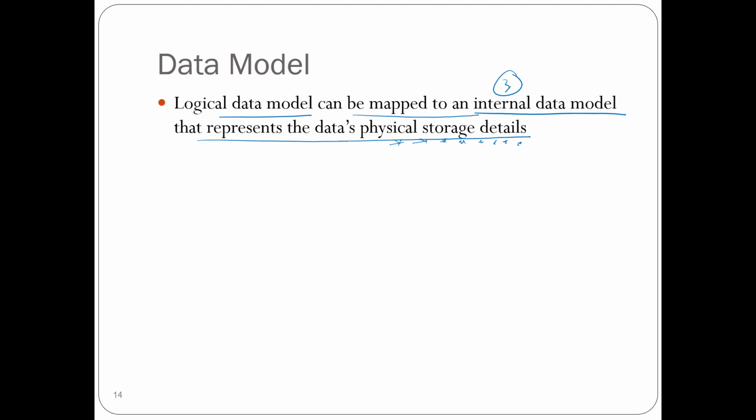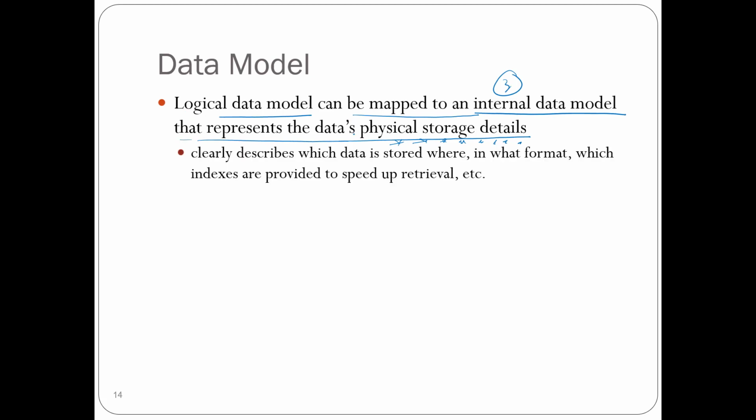That is the reason we think of different data models. All right, so your internal data model represents the data's physical storage details, and it clearly describes which data is stored, where, in what format, and which indexes are provided to speed up the retrieval. So all those details go inside the internal data model.